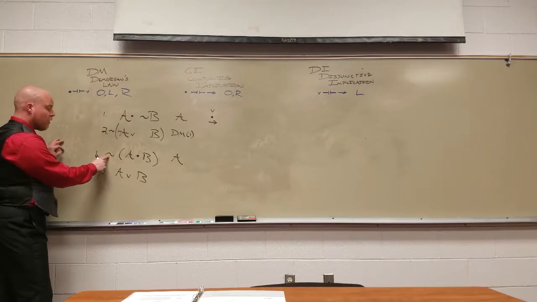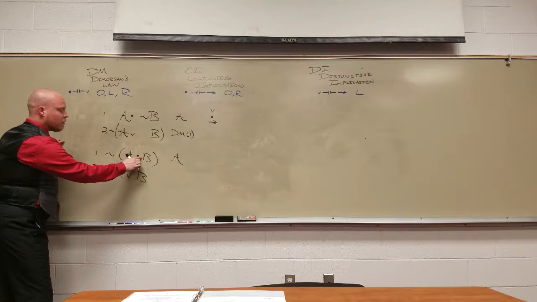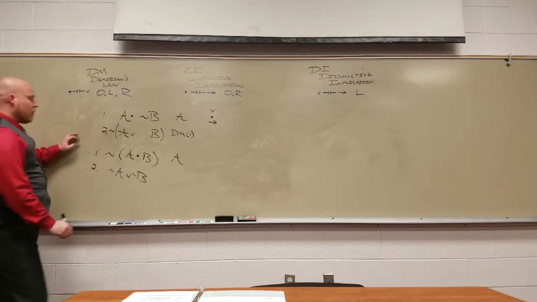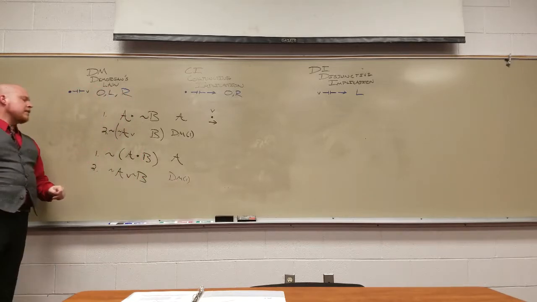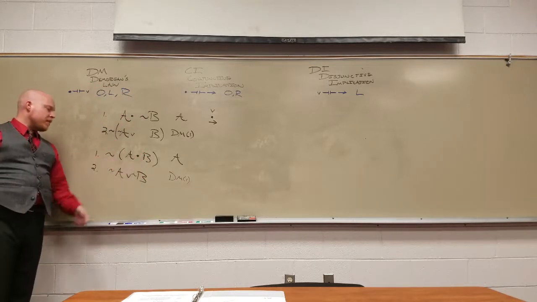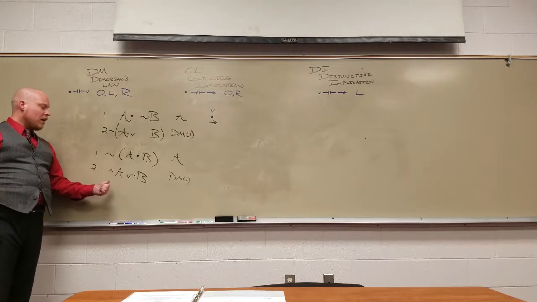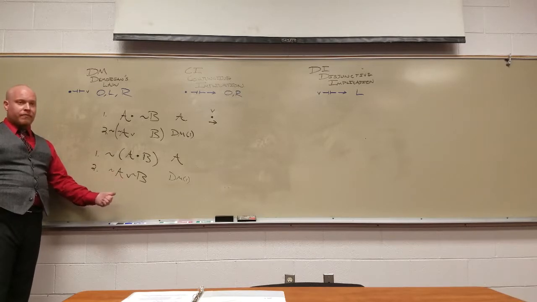The outside is on, we're going to turn it off. The left is off, we're going to turn it on. The right is off, we're going to turn it on. So using DeMorgan's law on this one, not A and B, or saying not both A and B, is the same thing as saying not A or not B.